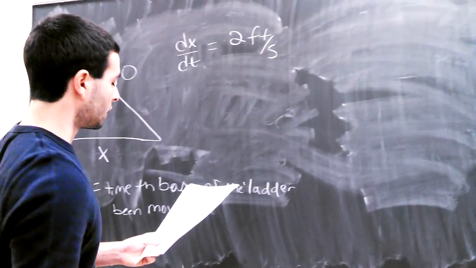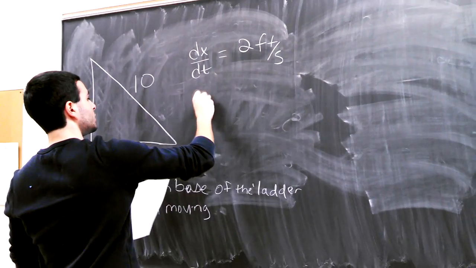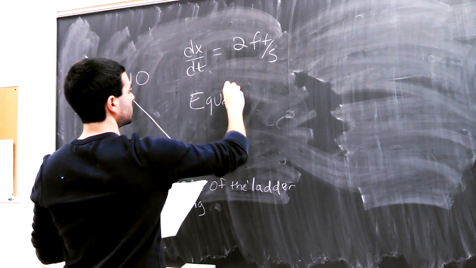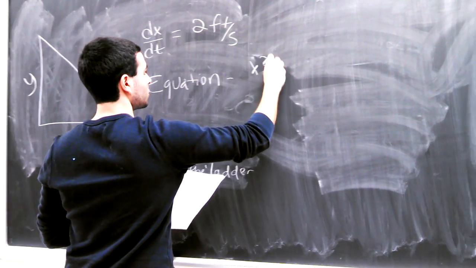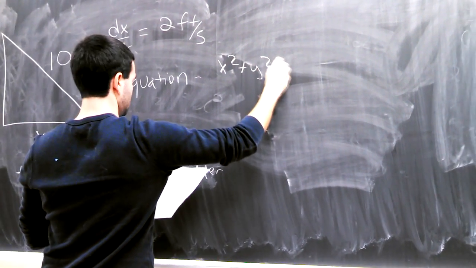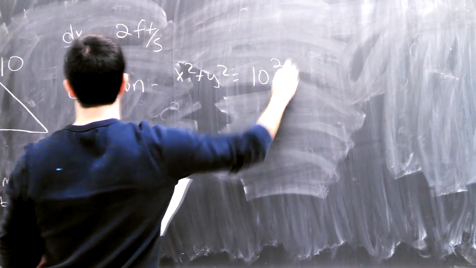So, according to the Pythagorean theorem, x squared plus y squared is equal to 10 squared, since we were given this right here.